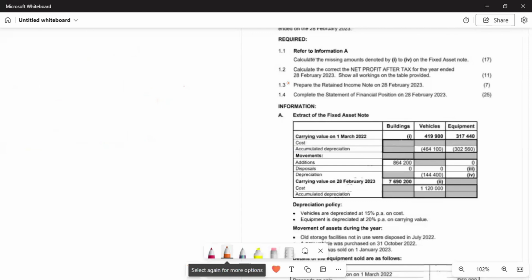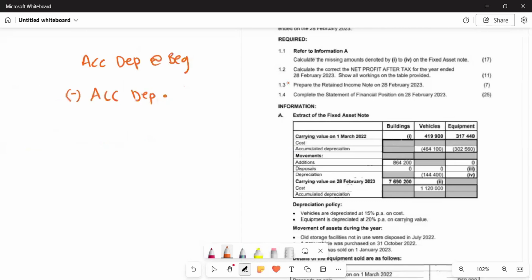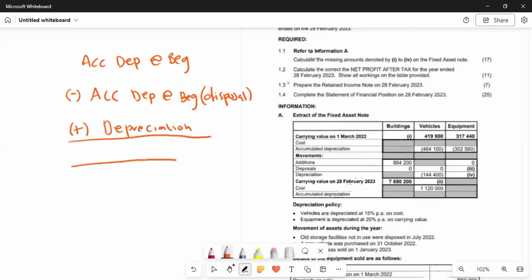You take your accumulated depreciation at the beginning of the year, subtract your accumulated depreciation on disposal, if there was any disposed fixed asset, and add your depreciation for the current year. This would be equal to your accumulated depreciation at the end of the year.